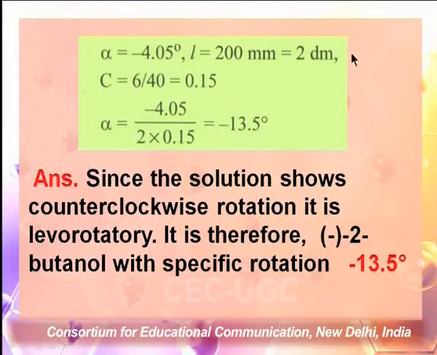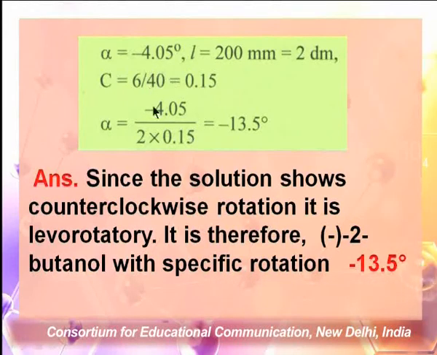So we will convert millimeters into decimeters, and we know 200 millimeters is equal to 2 decimeters. Here we have found the concentration, which is now 0.15 grams per ml. Here the length of the tube is 2.